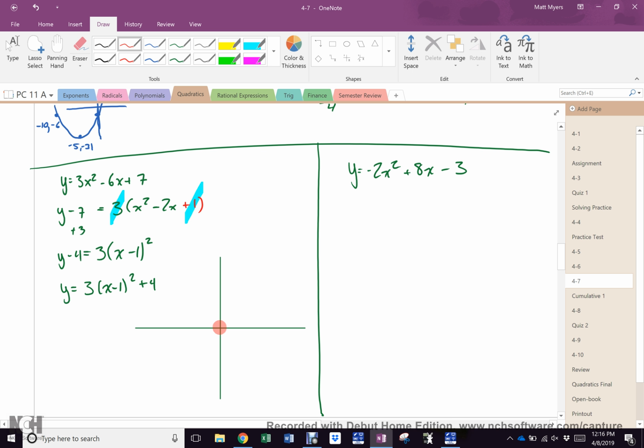Where should I start? Vertex, which is at what? 1 and up 1, 2, 3, 4. Does everyone agree? Yeah? Okay. When I move 1 to the right, how far up will I go? 3. So what is that point? If this is 1, 4, what is that point? 2, 7. What is automatically over here at 1 to the left?